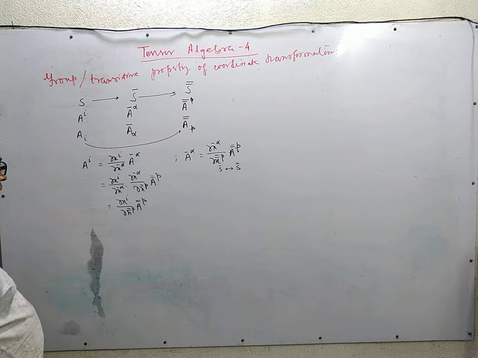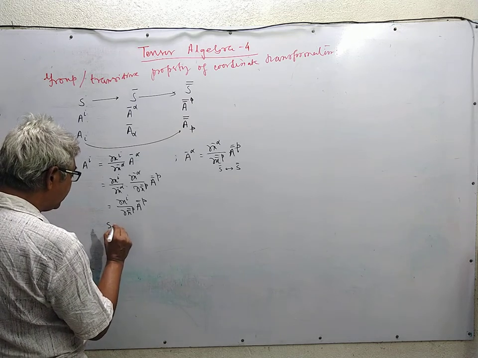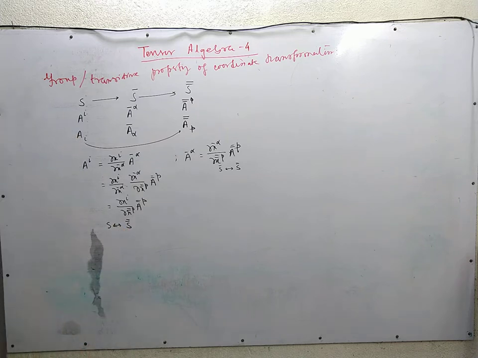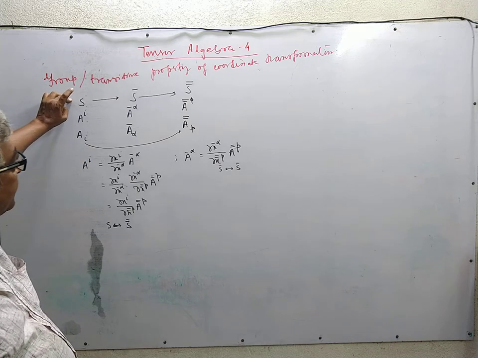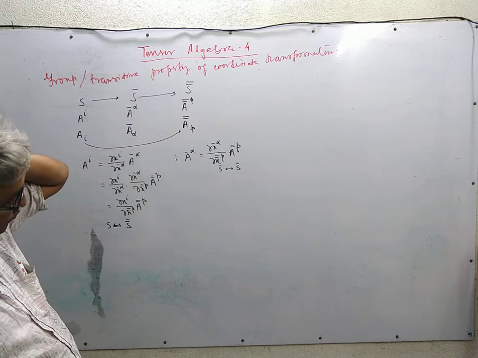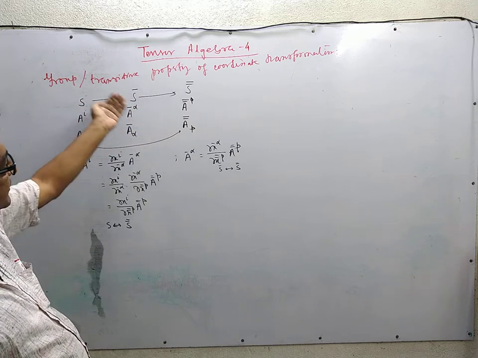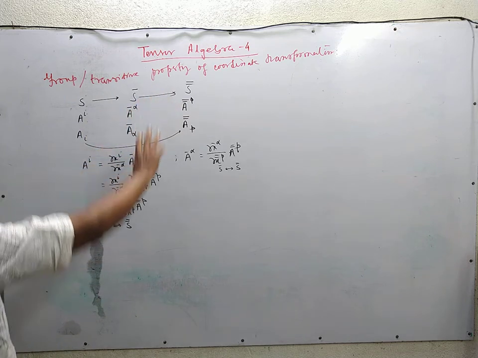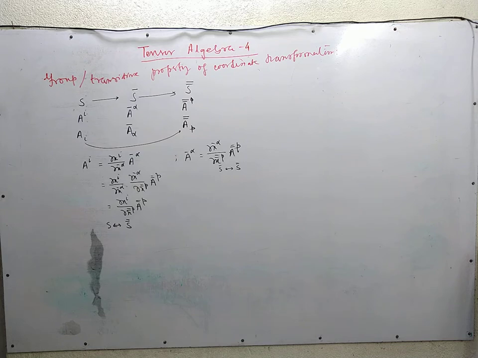So this is the transformation relation between S and S double bar. That is to say, we may go from some initial coordinate to a final coordinate via several steps, but if we consider this composite transformation, then we have the group property. That is, two successive transformations are also an element of the group. This is called the group property or transitive property.